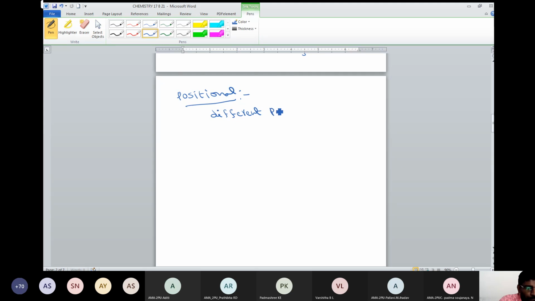Different position, different position of functional group. And those are called positional isomerism.